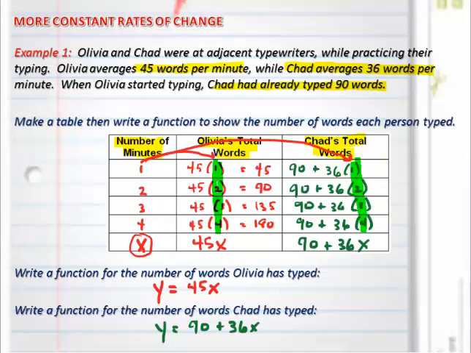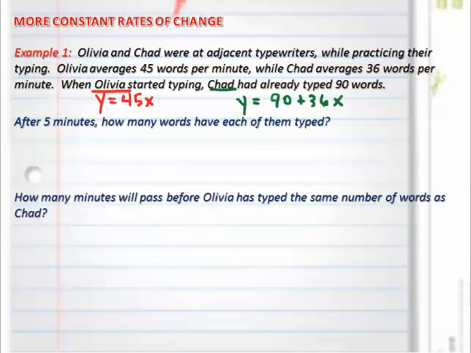Now what we're going to do is use these two functions to help us answer a couple of other questions. Okay, so now if we look at this, we're going to look at after 5 minutes how many words each of them had typed. So minutes was our x, so we're going to replace the x with 5. For Olivia, to find the number of words, we're going to multiply 45 times 5.